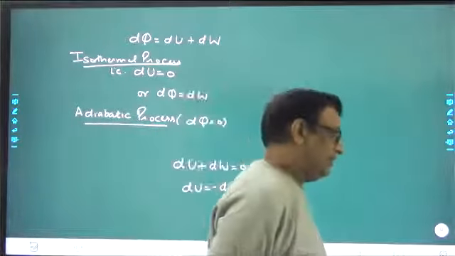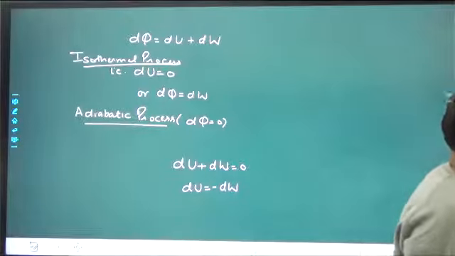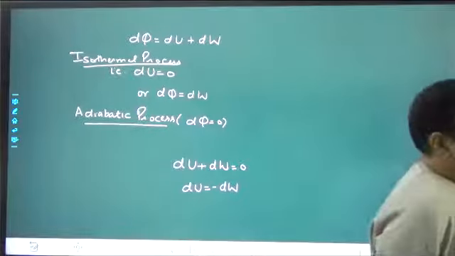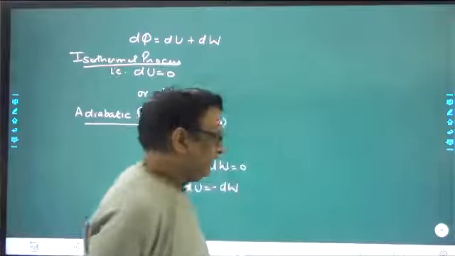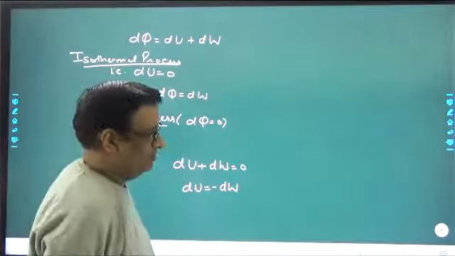From first law of thermodynamics, du plus dw is 0, or du is equals to minus dw.